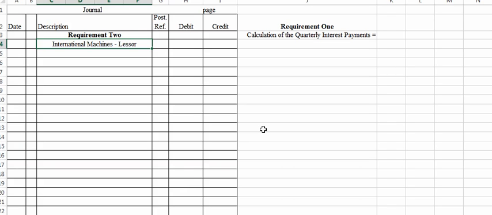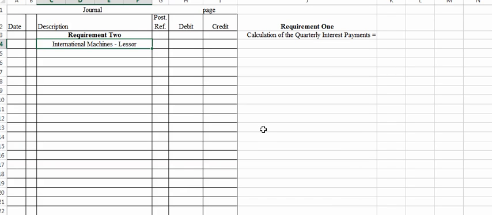Now here, manufacturer Southern has really kind of cut Edison Leasing out of the deal. This would be the situation if they went straight to International Machines and did the lease for the equipment, which again, since the lease term is 2 years and the useful life of the asset is 2 years, remember it qualifies as a capital lease.